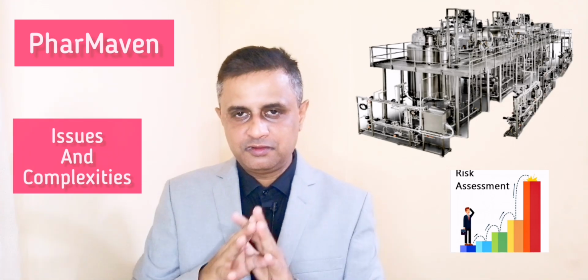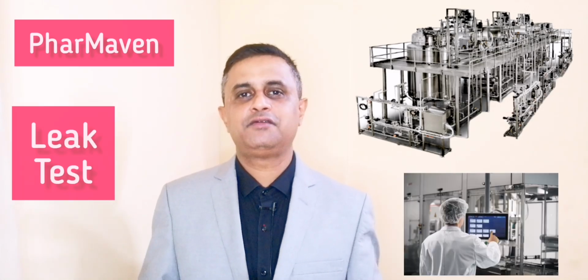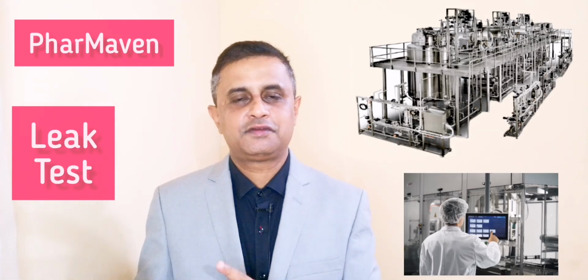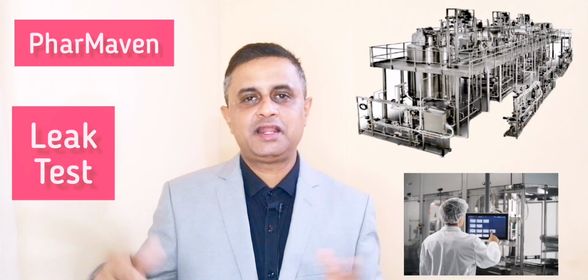Once you are sure that your water trial is successful and there are no leakages, see, one important aspect of this skid system, where you have multiple vessels and multiple connections, is that a leak test of the entire system is very important. You have to ensure that you perform the leak test just before your sterilization cycle, not after that, and not after any intervention.